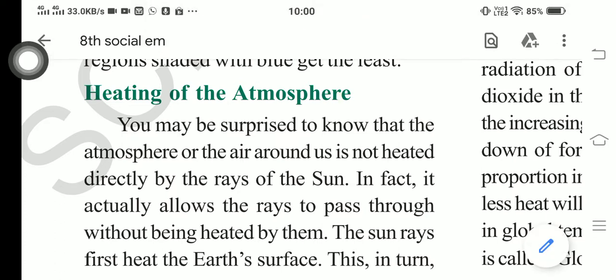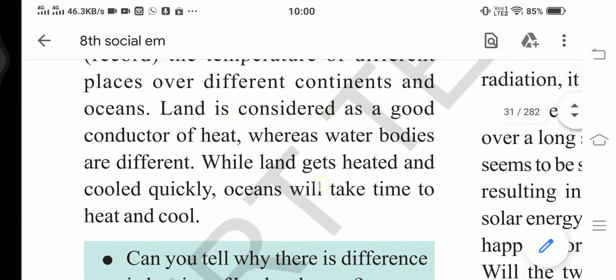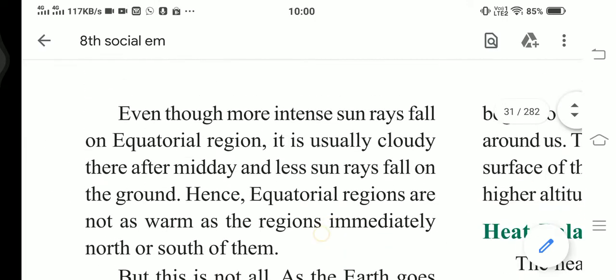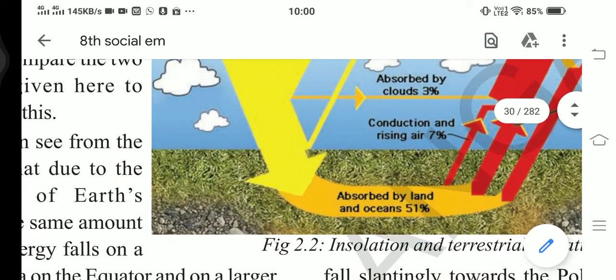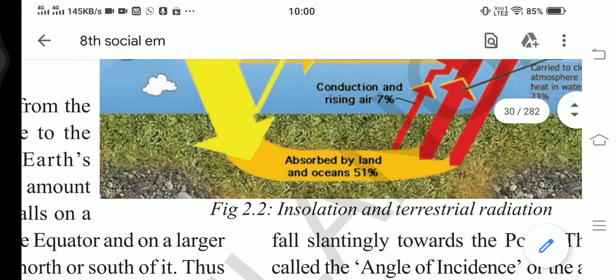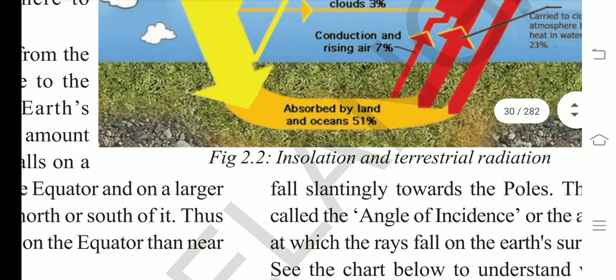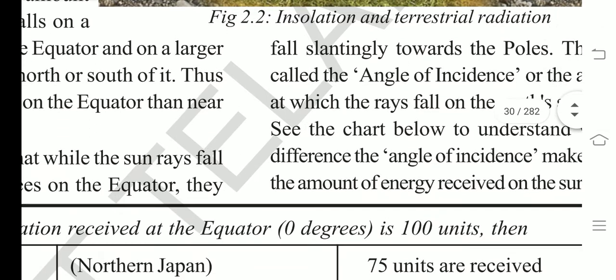Dear students, in the last class I showed you this picture, figure 2.2. Below this figure 2.2, what is there, my dear students? Insolation and terrestrial radiation, right? Terrestrial radiation, as we already discussed, is the radiation of heat by the earth.